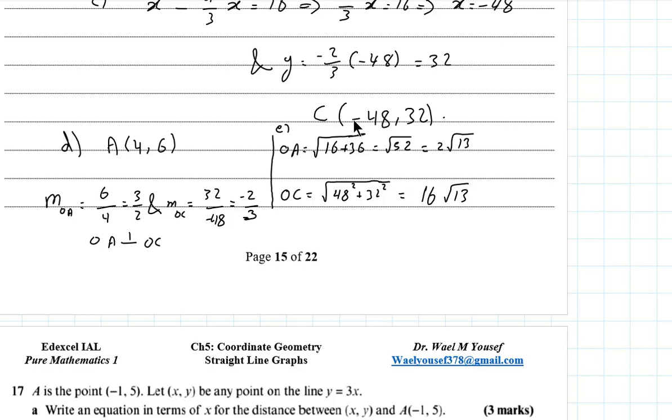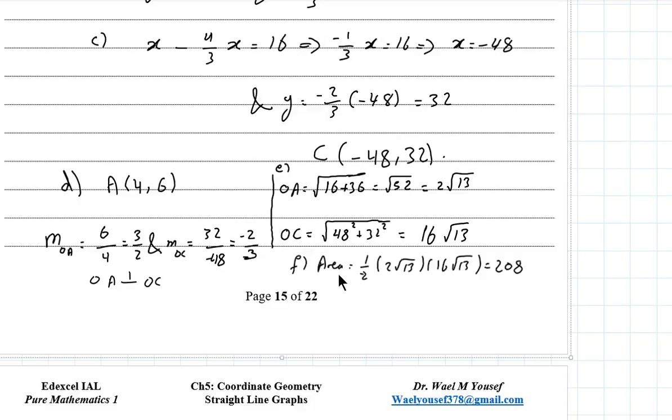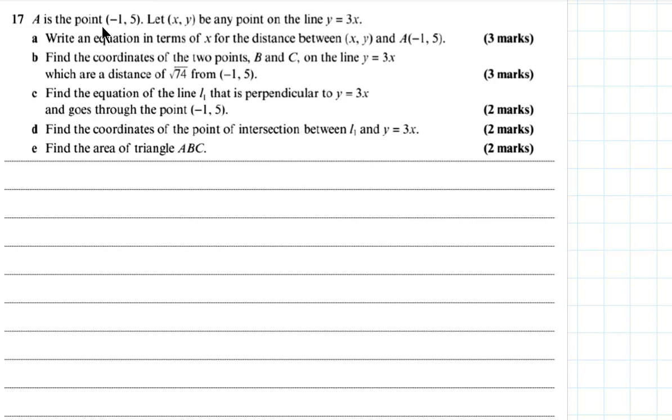And to get the length of OC, we can say square root of 48 squared, because the negative square is positive, and then plus 32 squared, and the answer can be written as 16 root 13. And finally, to get the area, we can say the area is half base times height, half times 2 root 13 times 16 root 13, which is 208 square units.